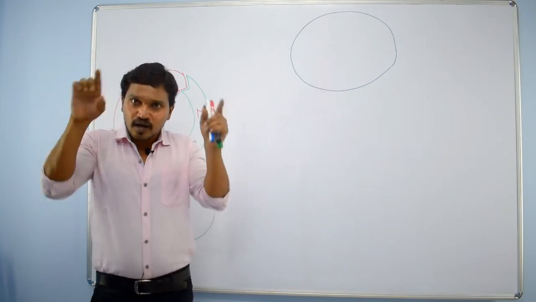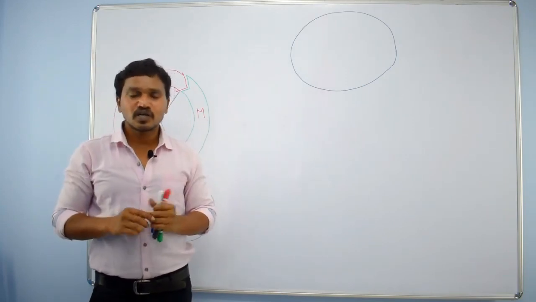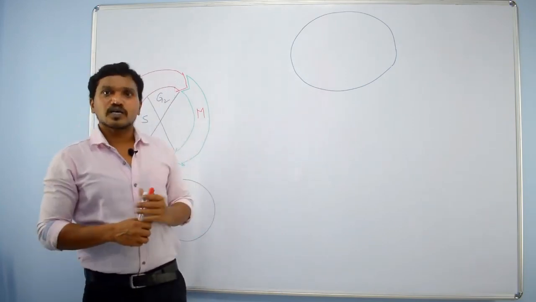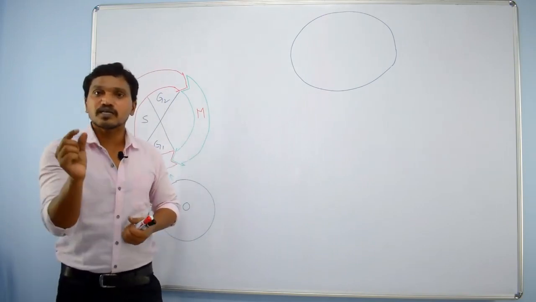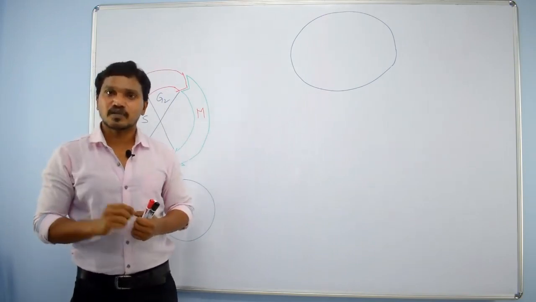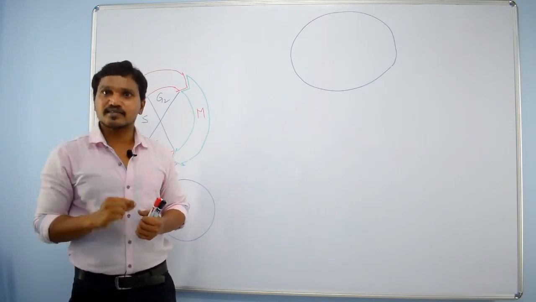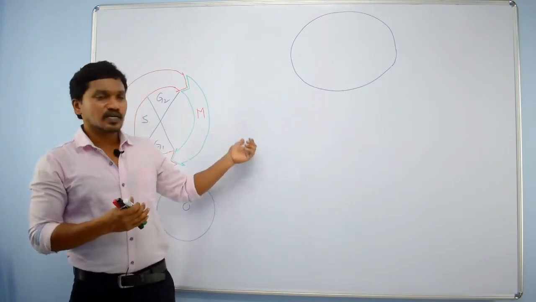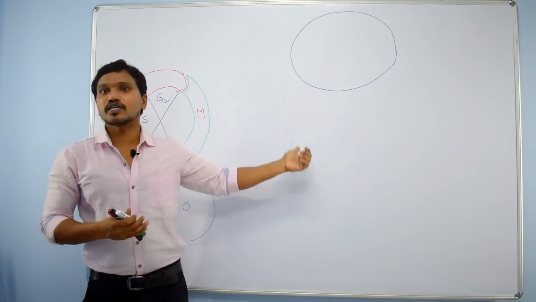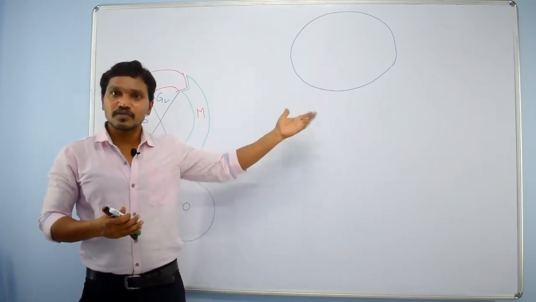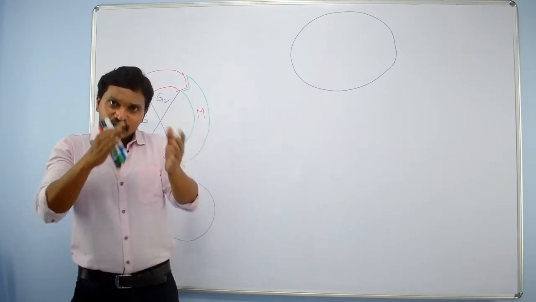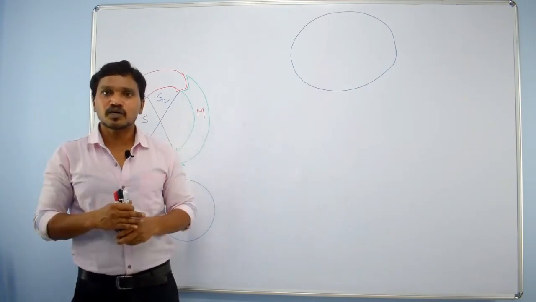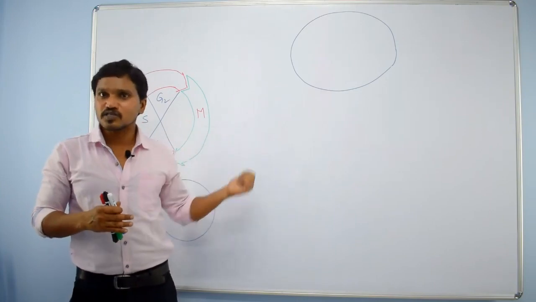When those cells are undergoing cell division, just imagine a squamous cell, a flattened cell. During cell division many processes will take place, like formation of spindle, contraction of spindles, and segregation of chromosomes.